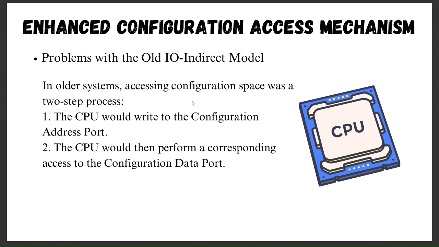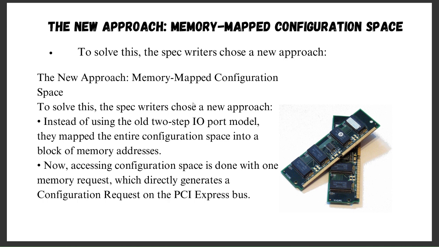So what is the new approach, which is the memory mapped configuration space? To solve this, the spec writers found a new approach. Instead of using the old two-step IO port model, they mapped the entire configuration space into a block of memory addresses. Now accessing configuration space is done with one memory request, which directly generates a configuration request on PCI Express.